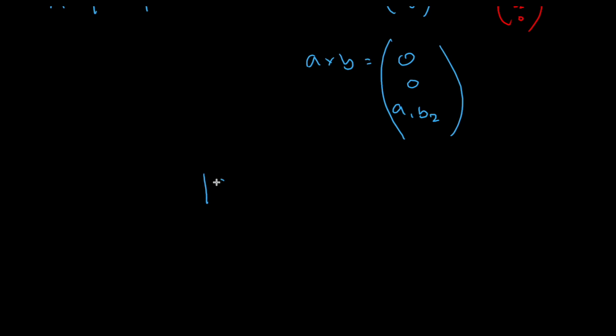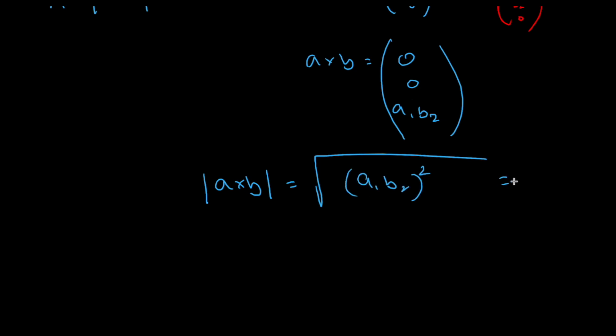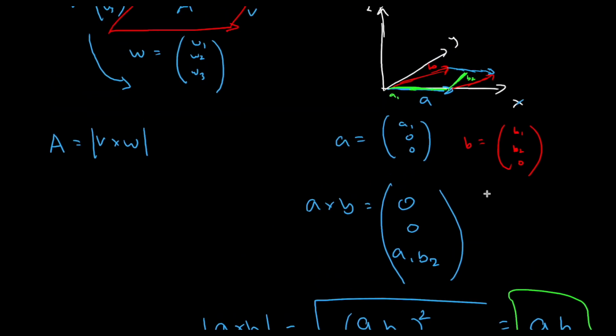Let's take the magnitude of this. This is going to be the square root of 0 squared plus 0 squared plus A1 B2, all squared, which simply gives us A1 B2. Well, let's scroll a bit up. This first line right here is A1. This height right here is B2. That makes up the area of the parallelogram. Base times height is the area of the parallelogram.